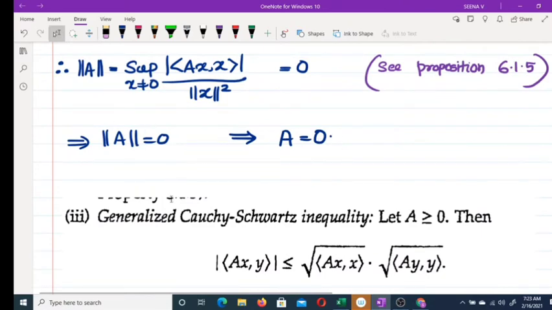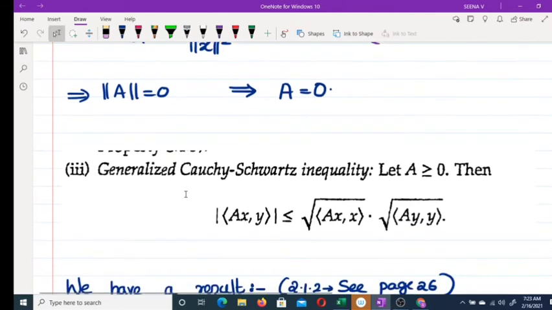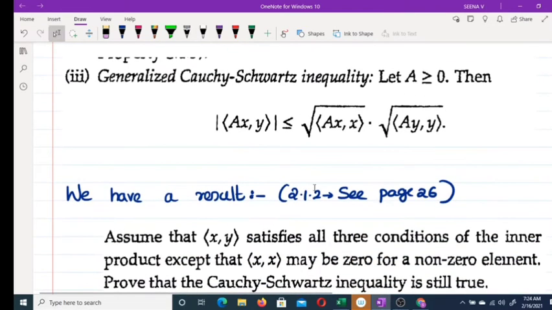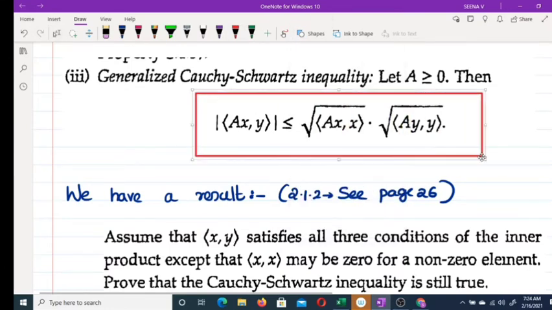Now moving to the generalized Cauchy-Schwarz inequality. Just to recall what the Cauchy-Schwarz inequality is. In the case of an inner product space, let A greater than or equal to 0, then we have the generalized Cauchy-Schwarz inequality as modulus of inner product of AXY less than or equal to root of inner product AXX into root of inner product AYY.